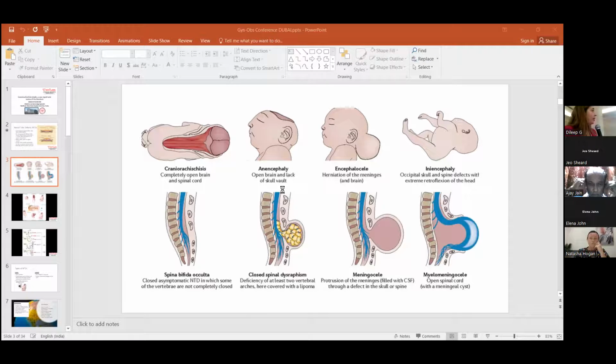There we can also see the sacral mass because of the spina bifida. Because of the pressure, there are some changes in the cranium appearance on ultrasound. Like here, it's a normal appearance of the cerebellum, and because of spina bifida it looks like this, and we call it the banana sign.